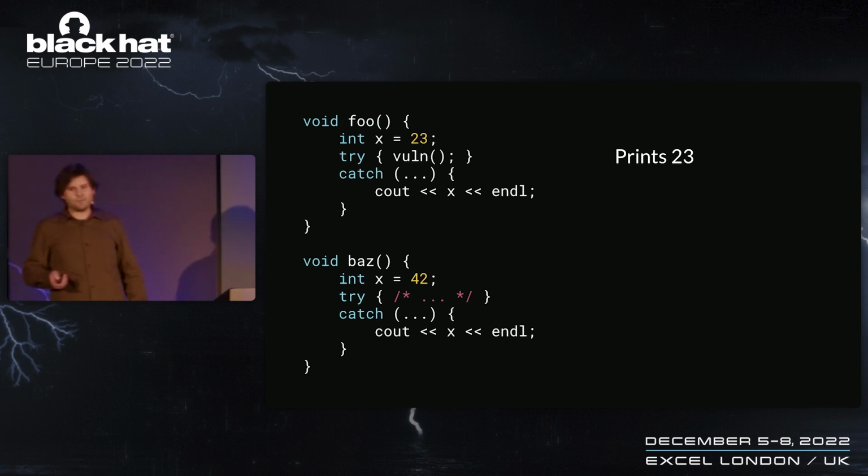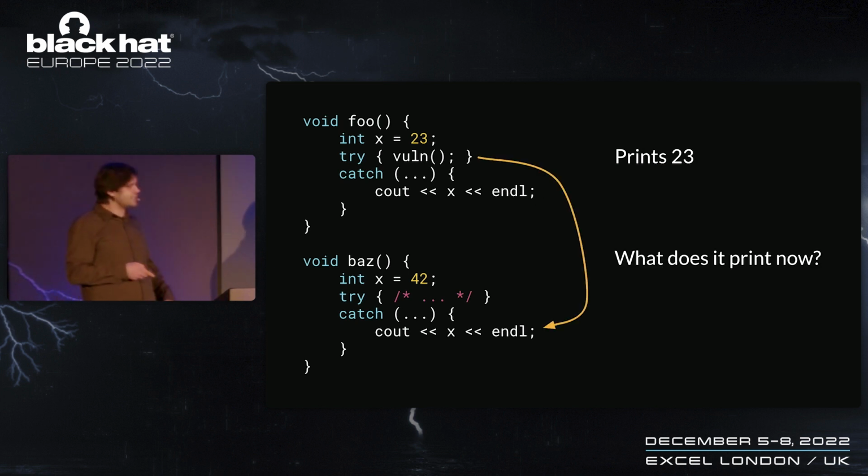What happens if we overflow function vul? Let's show function vul here. And we redirect to a handler in a different function that does the same thing, prints a local variable. Well, you might think that, OK, it's going to print 42. Well, it's not going to print 42. It's still going to print 23.